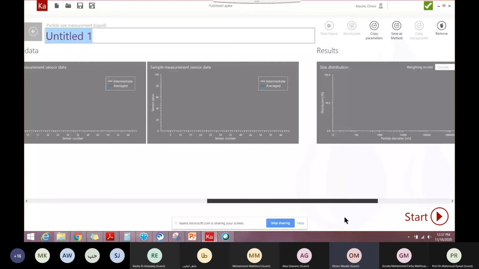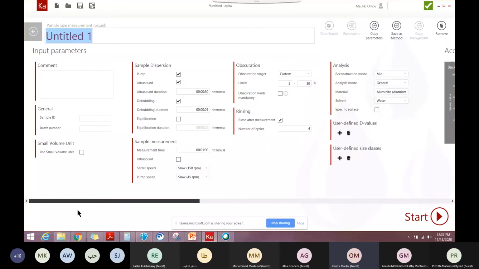You can see over here, we need to set some parameters related to ultrasonication. Ultrasonication is basically used whenever you need to de-agglomerate powder or any sort of dispersion. In some cases, the particle-particle interaction is of course more, especially in the case of emulsions, where, as Professor Mahmood explained, the phenomenon is known as Ostwald ripening.